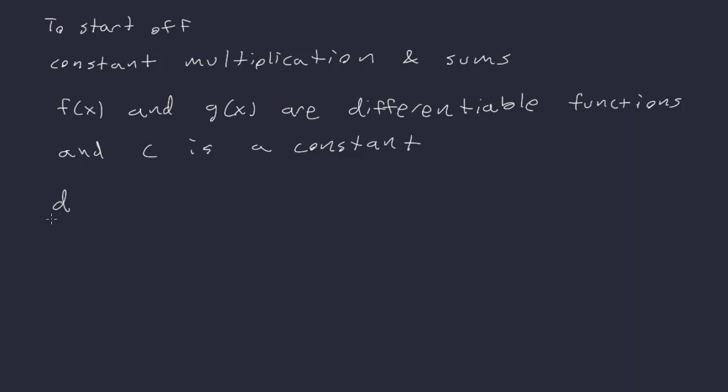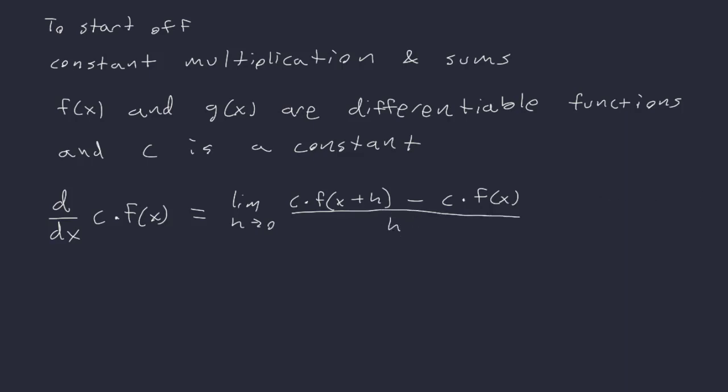The first one is our constant multiplication. If we want to take the derivative of a constant times a function, well, that's going to be the limit as h goes to 0 of that constant times f of x plus h minus the constant times f of x, all over h. And what's true of limits is going to be true here.